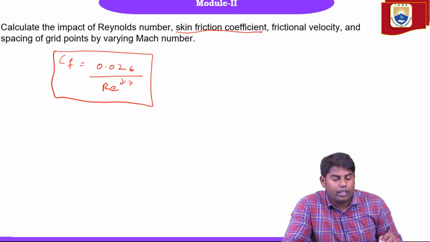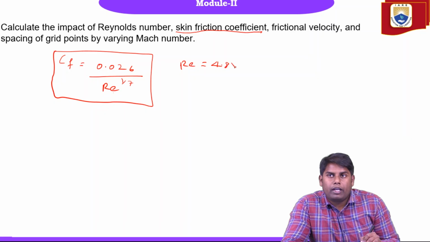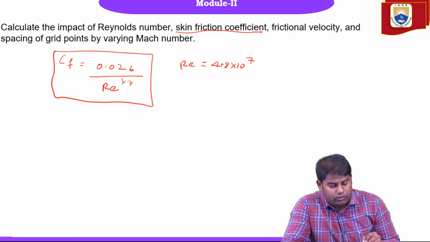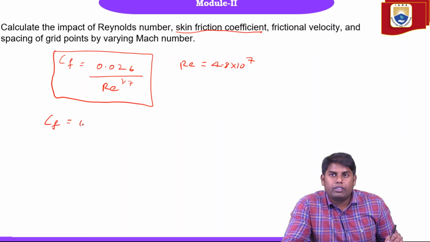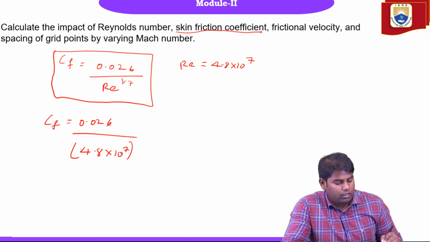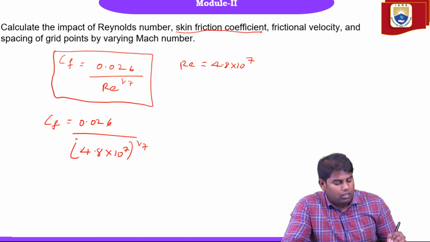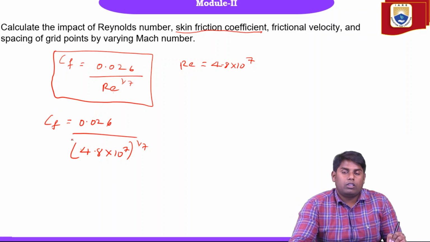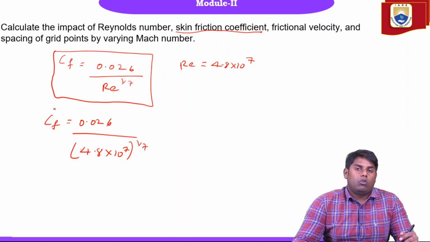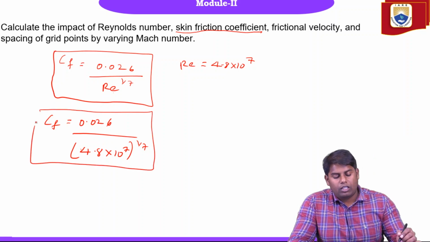We know Re is equal to 4.8 into 10 power 7, so we substitute here: Cf is equal to 0.026 divided by 4.8 into 10 power 7 to the power of 1 by 7. Approximately we will have some value of 0.012 or something like that. So from this we will get the value of Cf.